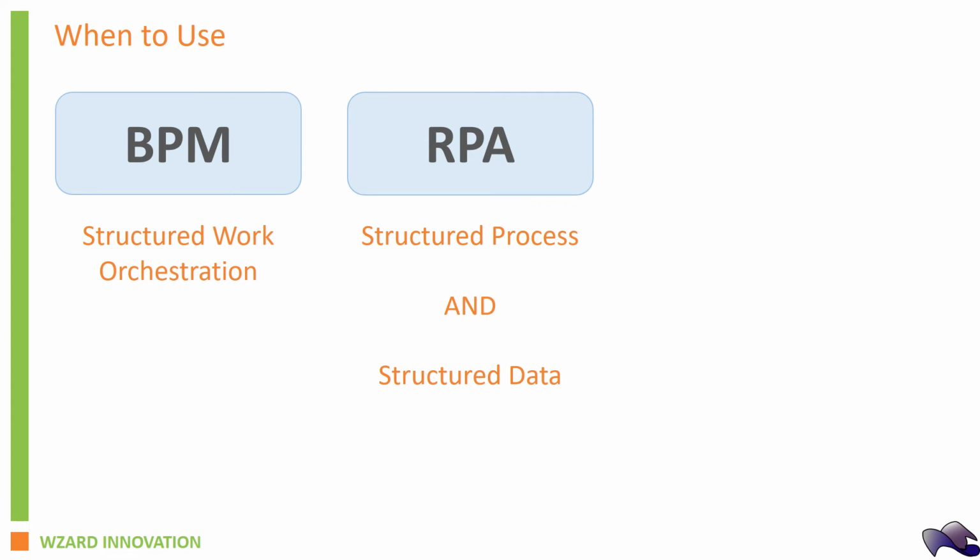For many years, there has been BPM, Business Process Management. Business Process Management is structured work orchestration. It helps to define processes and steps within the process and helps to navigate and prioritize that work to individuals. There's always been a link between BPM and RPA, and that link is there for many reasons.